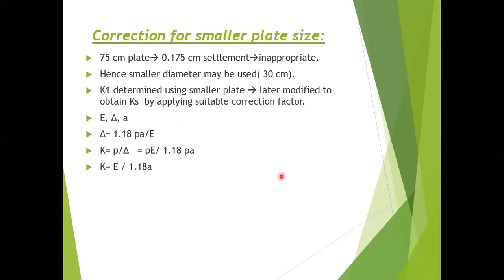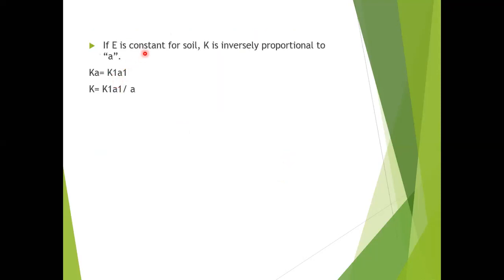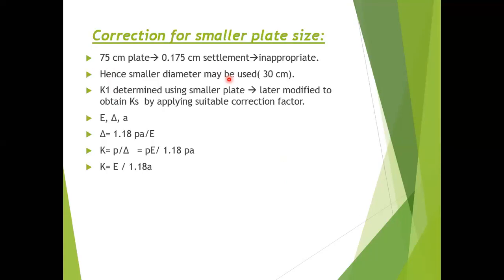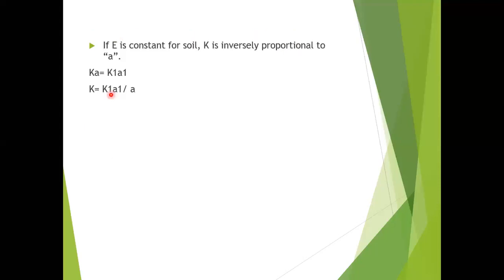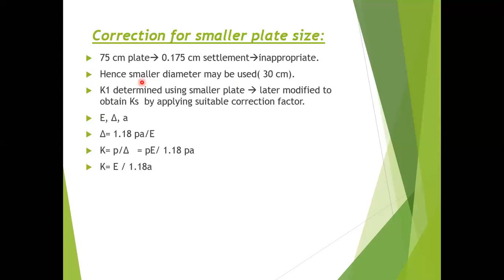Okay, write down this problem. You are assuming that E will be constant for the soil. Here you have taken E, right? E will be provided. E will be constant if you are conducting the test on the same soil sample. So the equation will become K a is equal to K1 a1.